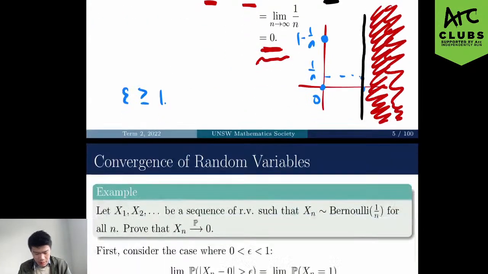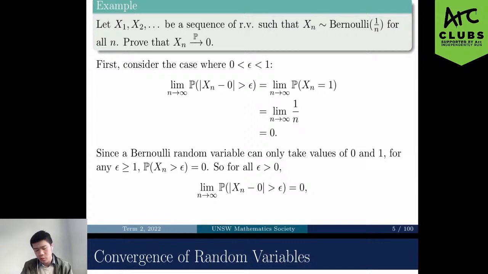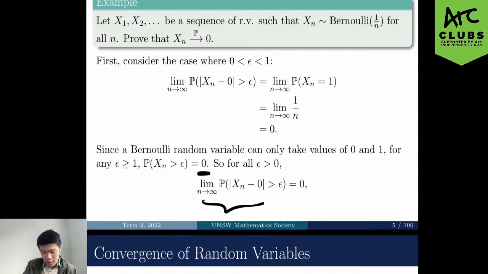So that's our next step. A Bernoulli random variable can only take values of 0 and 1, so for any epsilon greater than or equal to 1, this probability is equal to 0. And so we can see no matter what, as we go towards infinity, this probability converges to 0.